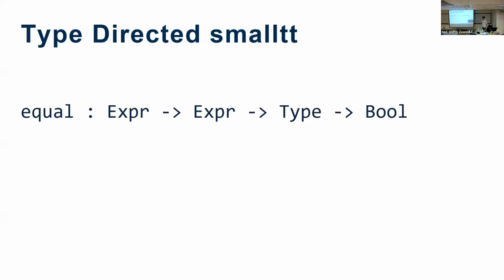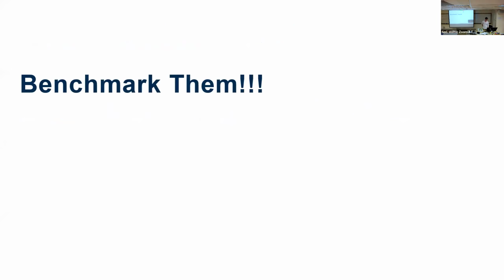In my forked version, this is the type of the equality decision procedure. Like before, it takes two expressions, but now it also takes a type. If we wanted to add that unit equal rule from before, we can just look at the type. If it's the unit type, great, they're equal. Super easy. So we have two implementations.